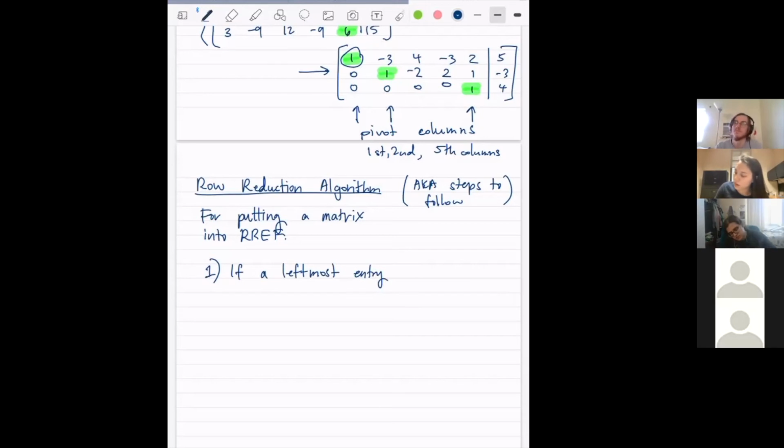if a leftmost entry does not occur in the first row, so if it occurs somewhere in another row, not in the first row, you can swap it with another row.